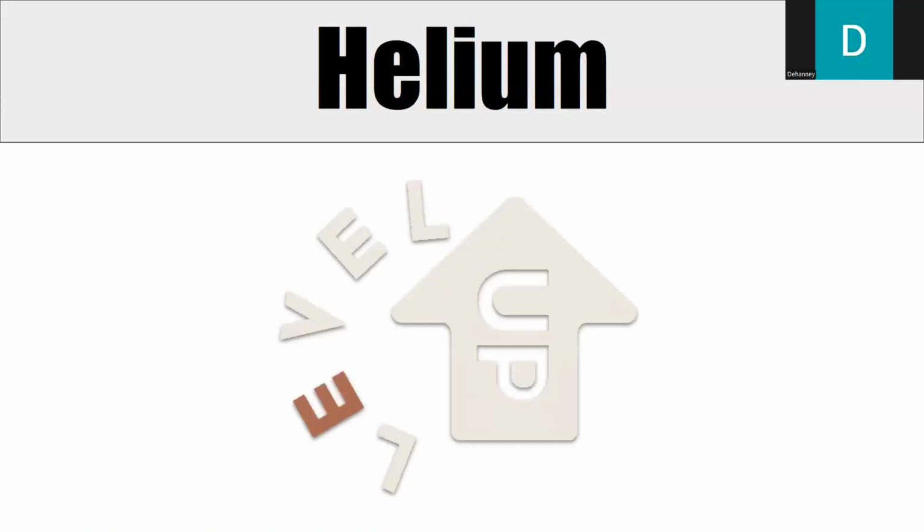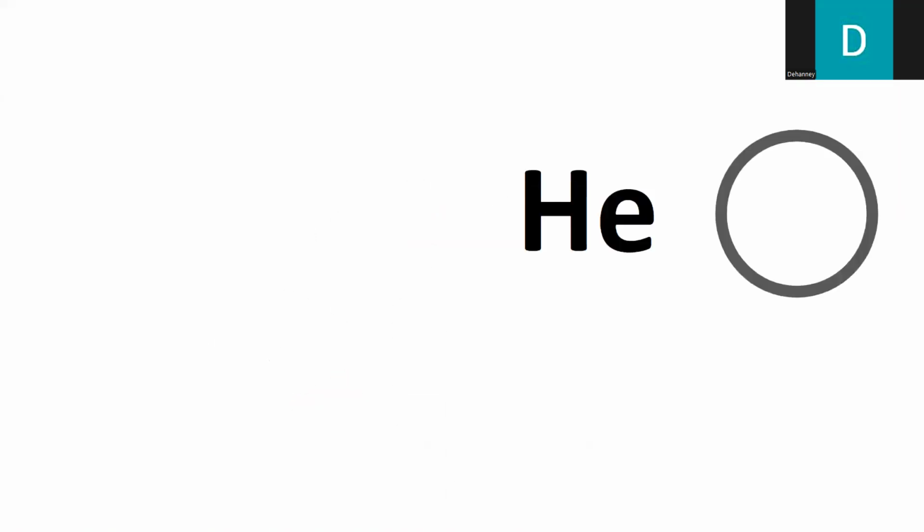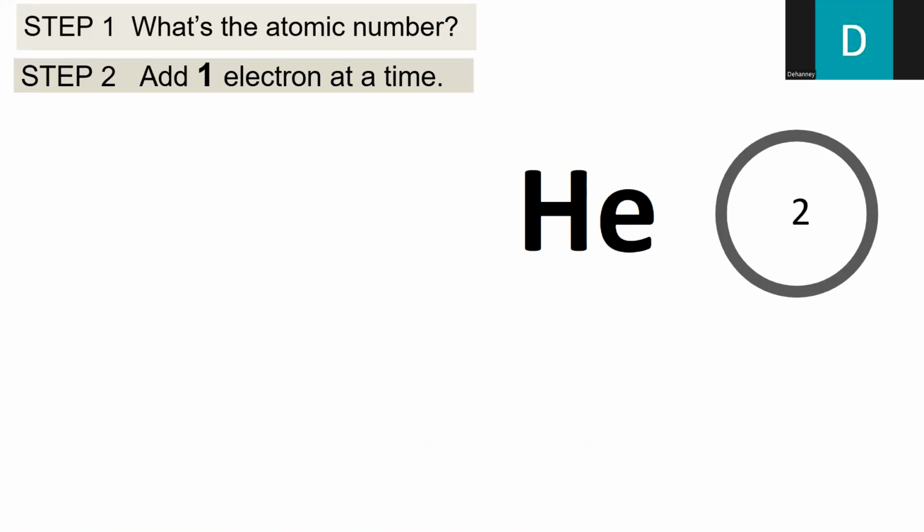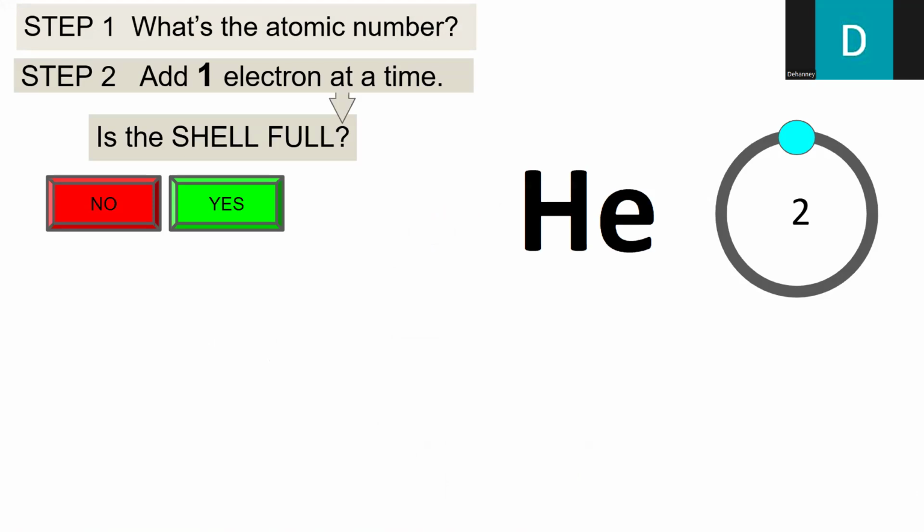Helium. Let's level up. What's the atomic number? Everyone check your periodic tables. 2. Fine, you're correct, it's 2. Add 1 electron at a time. So let's add the first electron. Is the shell full? We had 2 for the atomic number, so do we have 2 electrons?